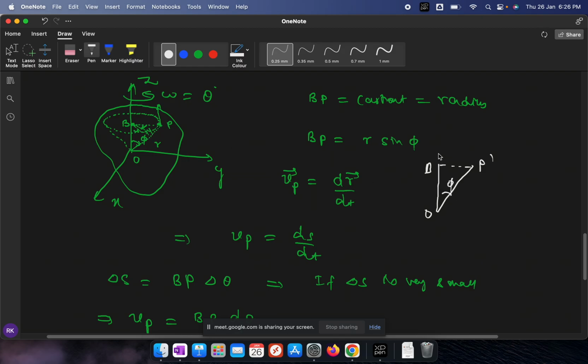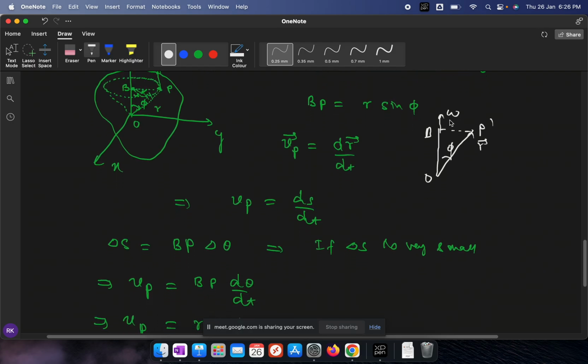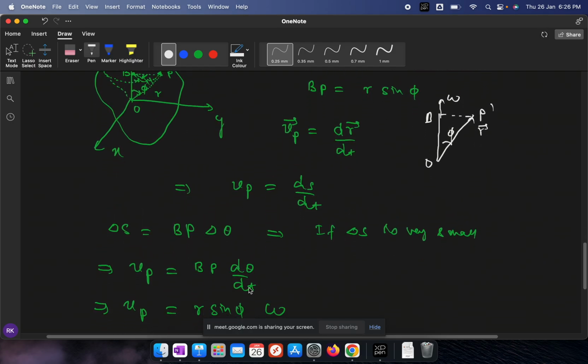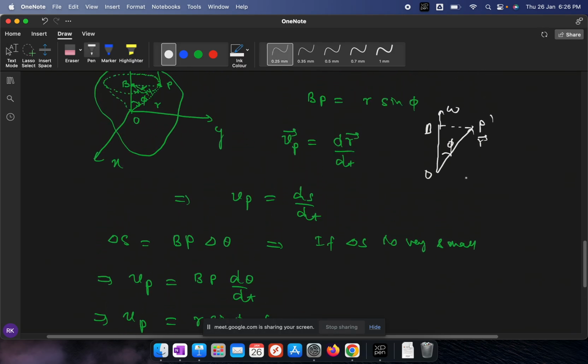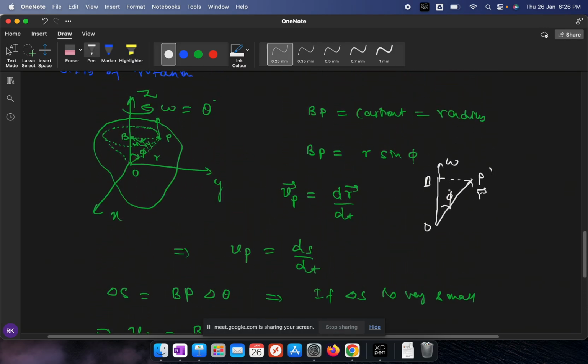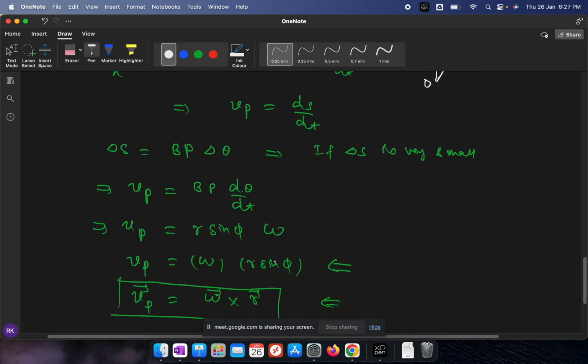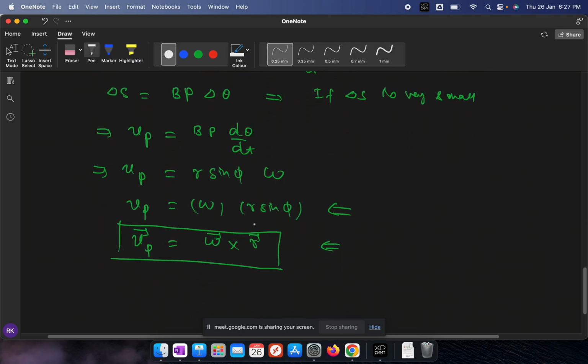In this plane there is omega and the R vector. Omega cross r is the same as the Vp vector, and its direction is perpendicular to this plane. That's why at each point the velocity of particle P will be tangential to this circle. So this is the derivation of Vp equal to omega cross r.